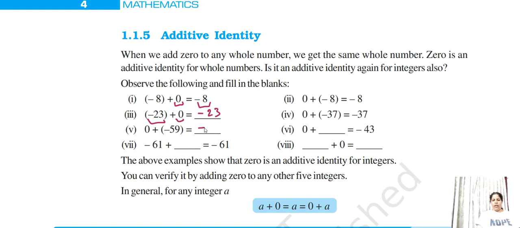Here we will get minus 59 and plus 0, minus 59. Then here minus 43. Okay, and like 5 plus 0 is 5. So when by adding something to your integer you get the same integer, then we can say that the number we have added to our integer is the identity. So this is additive identity.